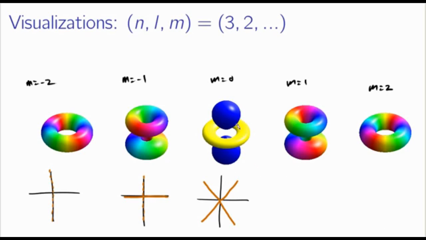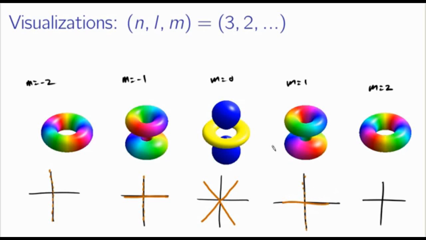The same pictures, of course, apply over here and over here as they did here. The particle, in this case, is unlikely to be found in the XY plane and unlikely to be found along the z-axis. The particle being unlikely to be found on the XY plane really refers to a node in theta where the spherical harmonic evaluated at theta equals pi over 2, rotating 90 degrees down from the z-axis, is 0.